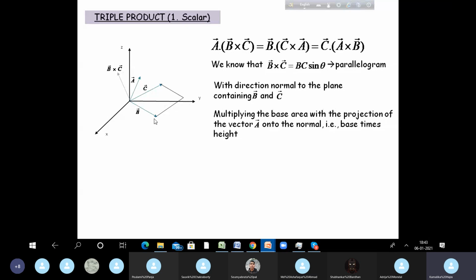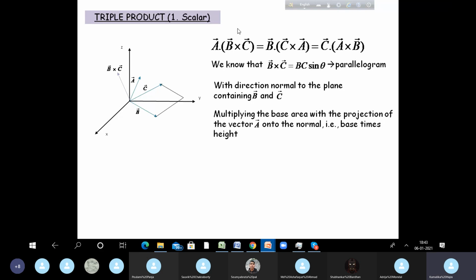Height into base. Here the base is this area. Please try to understand. This is the area, B cross C. Its direction is this, B cross C, normal. When you are taking the dot product of A with B cross C, basically you are multiplying it with the magnitude of this area, and you are getting the projection of A onto B cross C. So it's the height on this area.